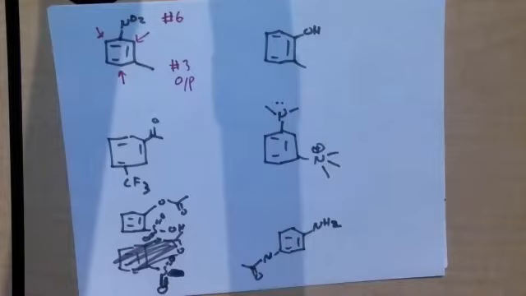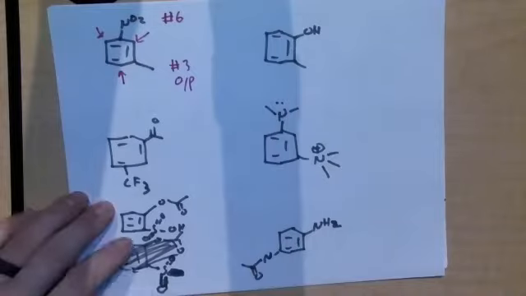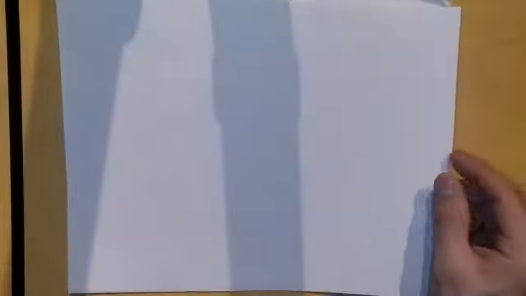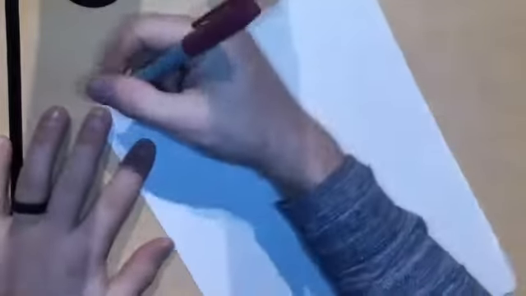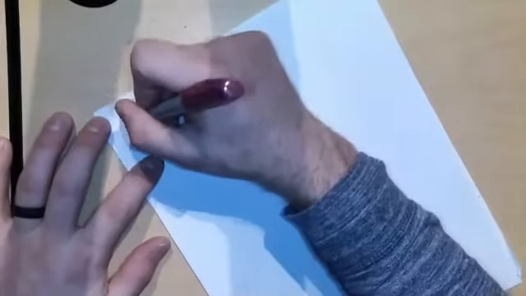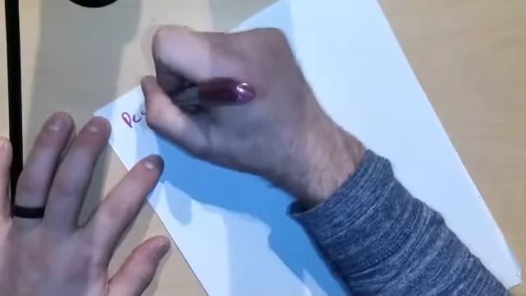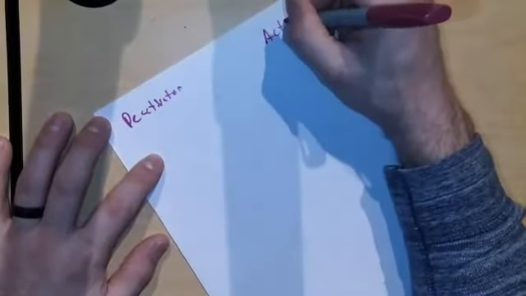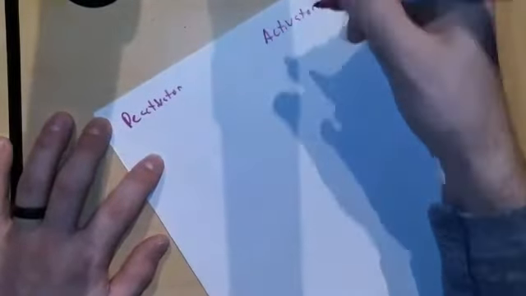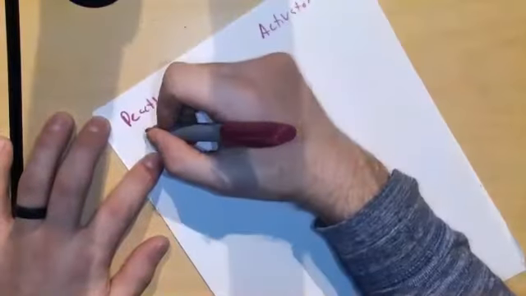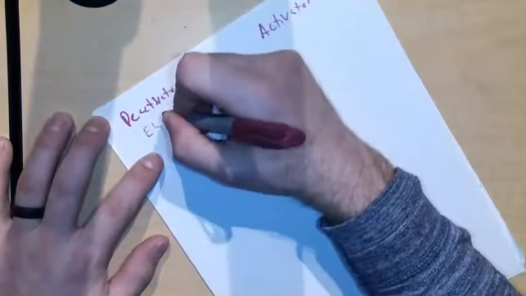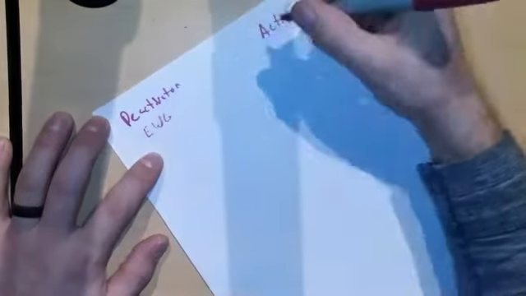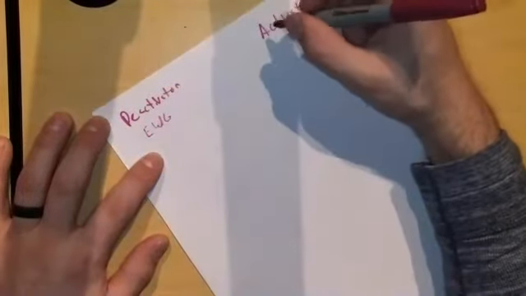All right, I'm actually going to start by just redrawing our table. We're going to have two different groups: deactivators and activators. Deactivators are all going to be electron withdrawing groups. Activators are electron donating groups.